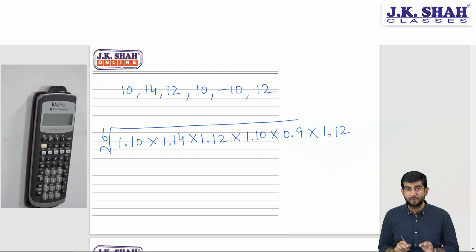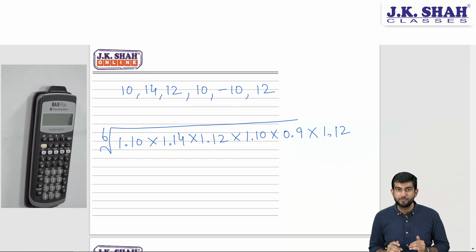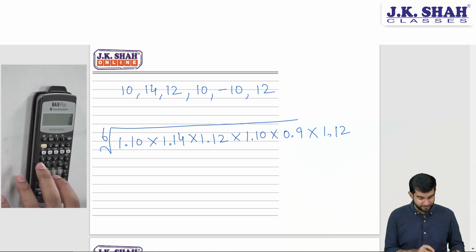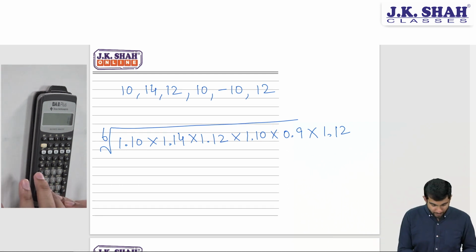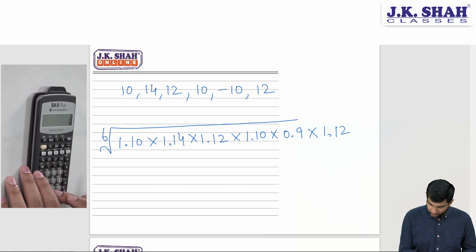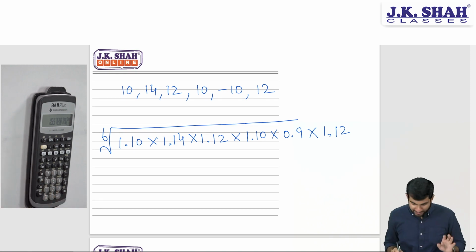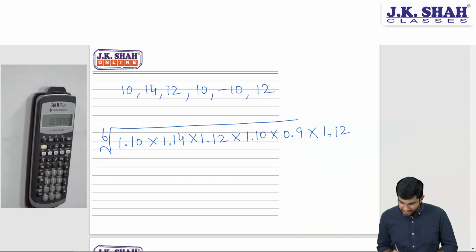So first of all, whatever is there under the root sign, I'll have to solve for that. So let us do 1.1 into 1.14 into 1.12 into 1.1 into 0.9 into 1.12 is equal to, now I get some value. I let the value remain as it is.